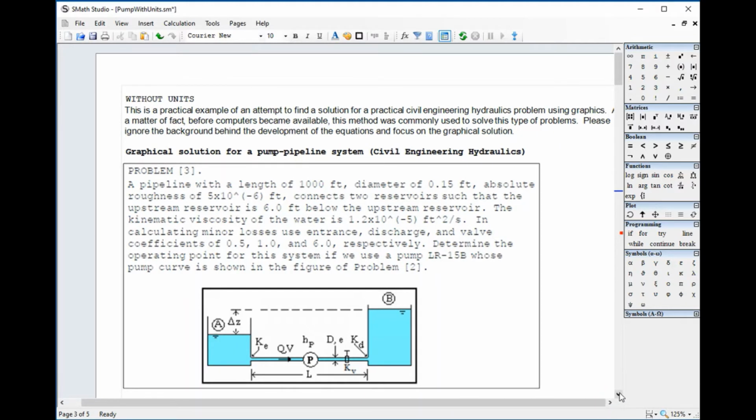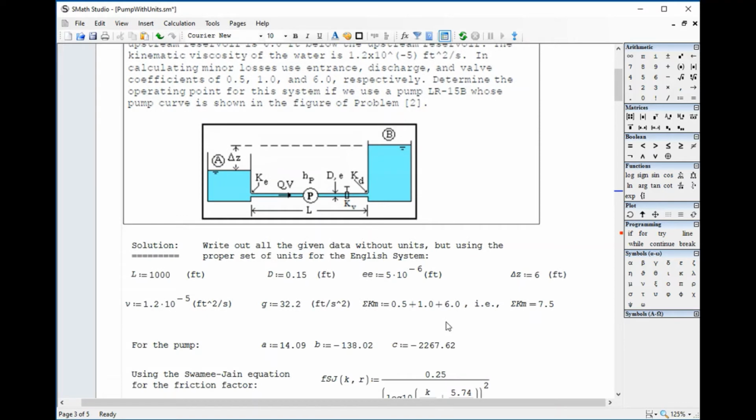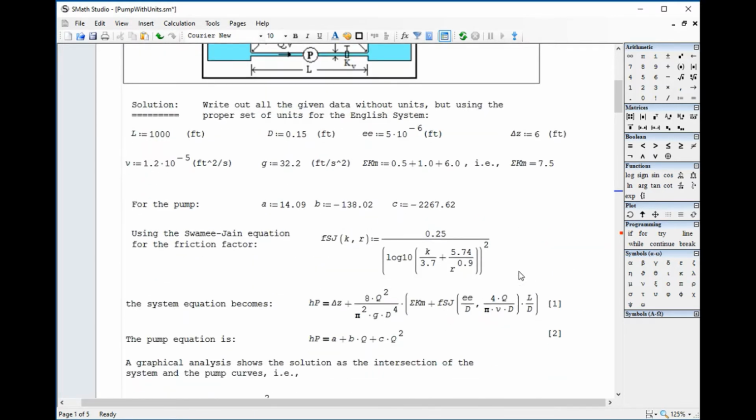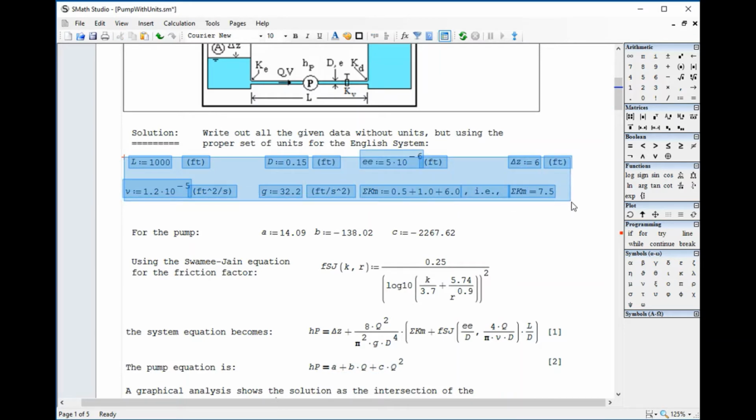We presented this problem of a pump pumping from a lower reservoir to a high reservoir, and we came up with two equations. This is an auxiliary function. The two equations are given by this and this. In this particular case, all the known variables were used without units.